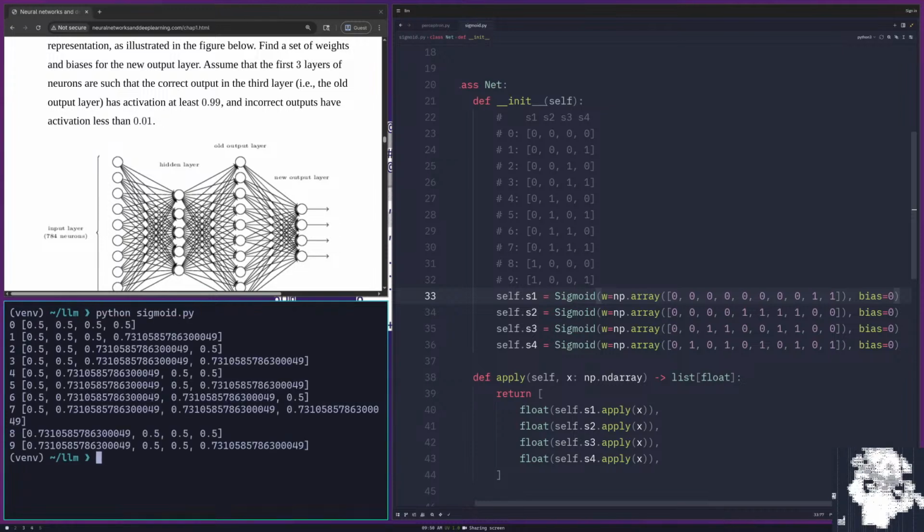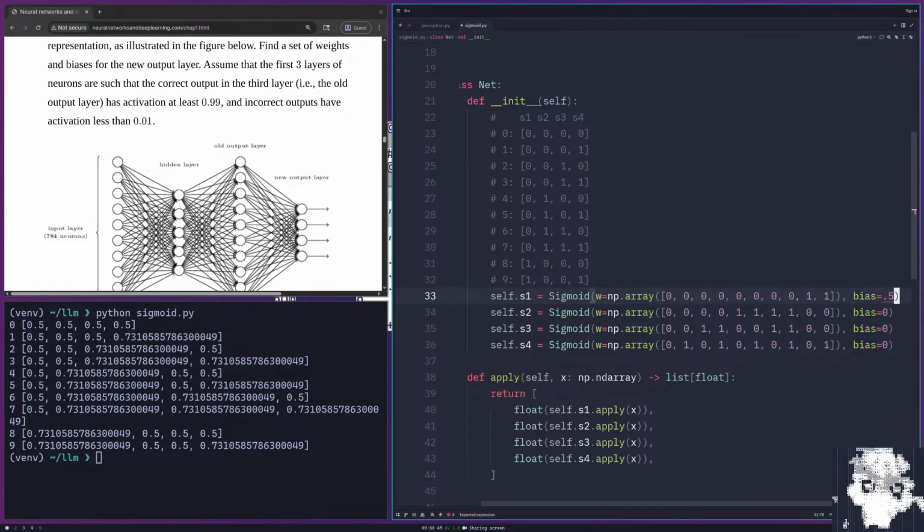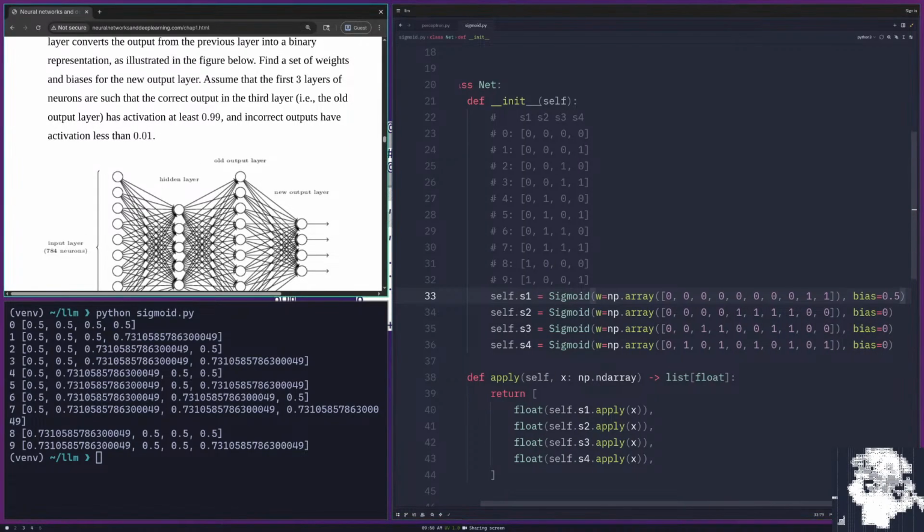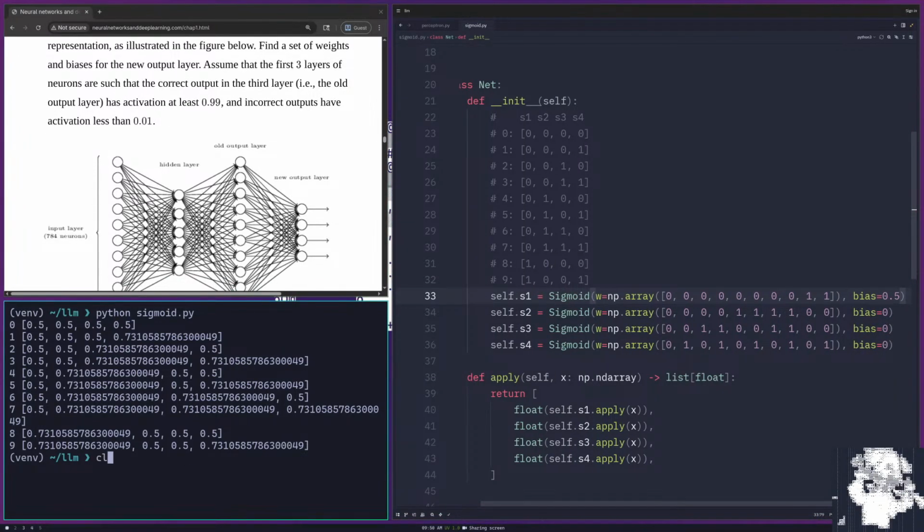Clear, run this. Okay, so for 0 we got 0.5, 0.5, 0.5, 0.5, but we wanted 0, 0, 0, 0. When I put 0s in here, my Z is gonna be 0. So I do think I need a bias of 0.5 or negative 0.5 to get 0 to work.